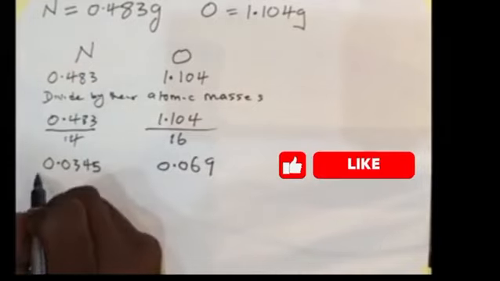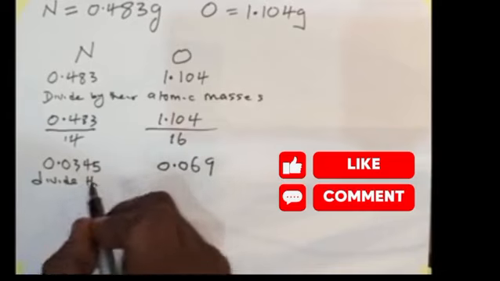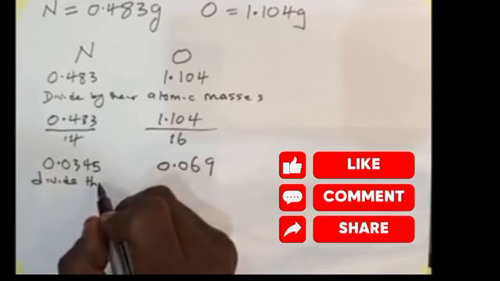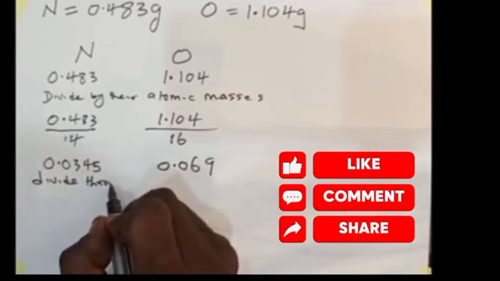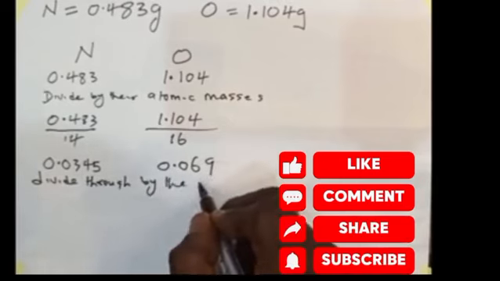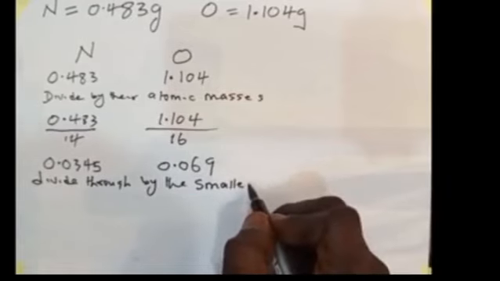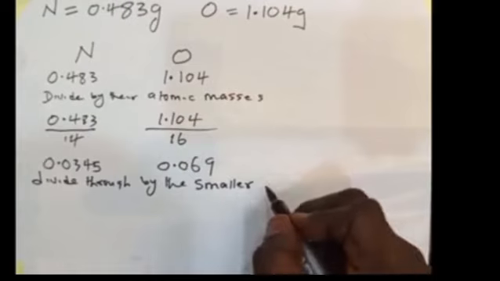Now we're going to divide through by the smallest number here.